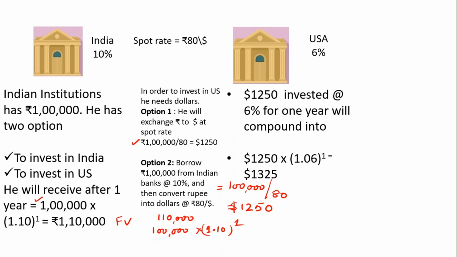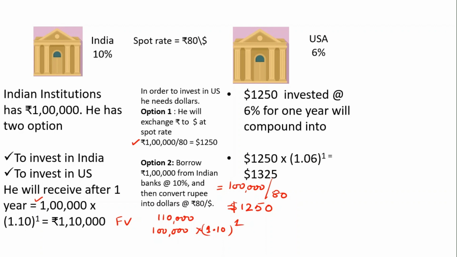Therefore he wanted to cover this exposure, and in order to cover this exposure, today only he is entering into a forward rate. So he went to a bank and asked the bank, look, in future after 1 year I'm going to bring $1,325 to you. You tell me at which rate you are ready to convert my money. So today he is basically locking up the price for the future.